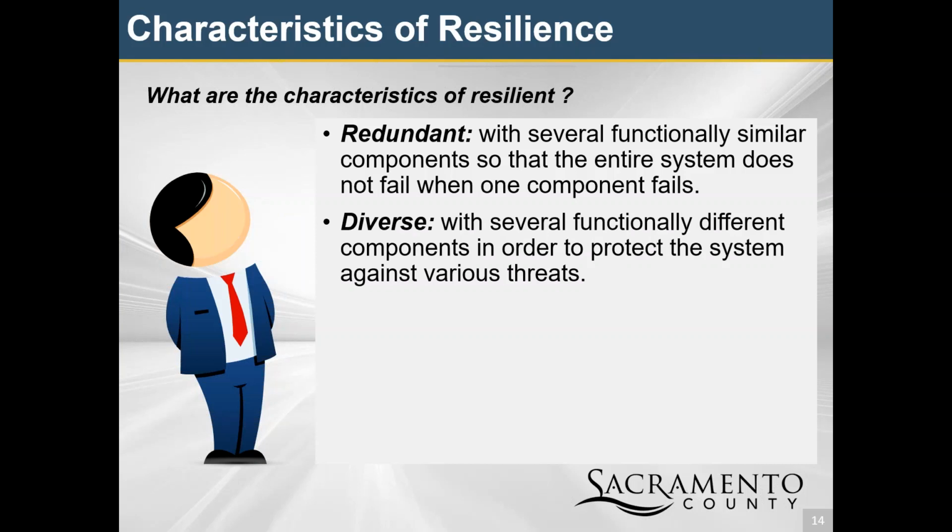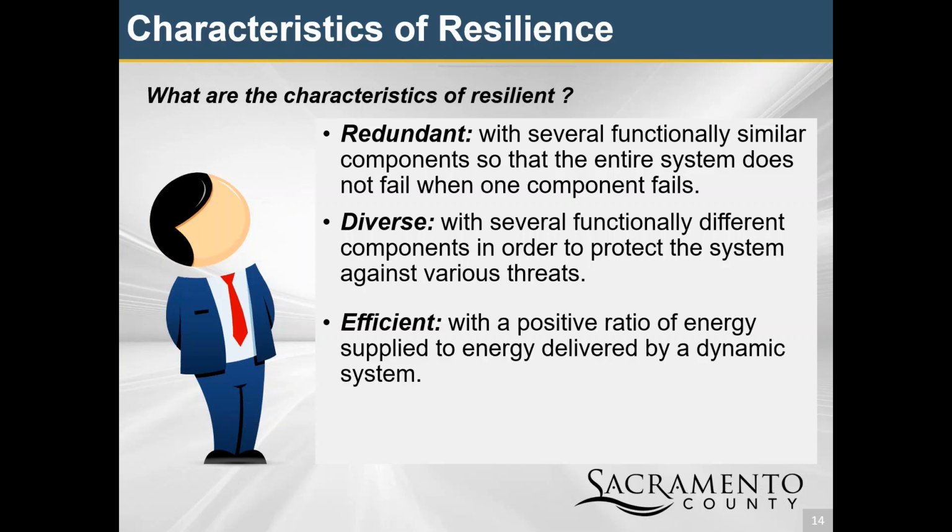Being diverse, with several functionality, different components in order to protect the system against various threats. Being efficient, with a positive ratio of energy supplied to energy delivered by a dynamic system. Does everybody understand that?